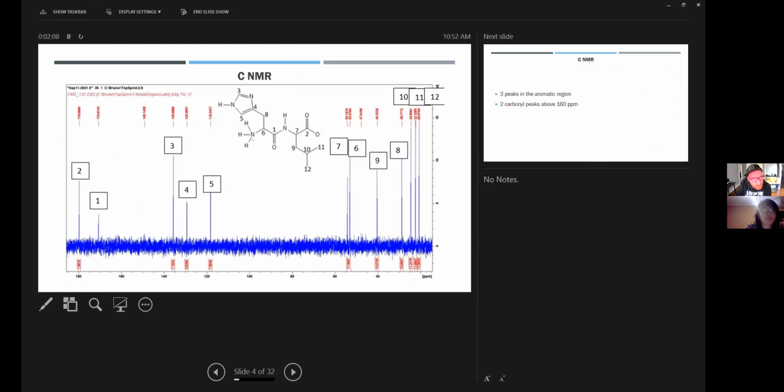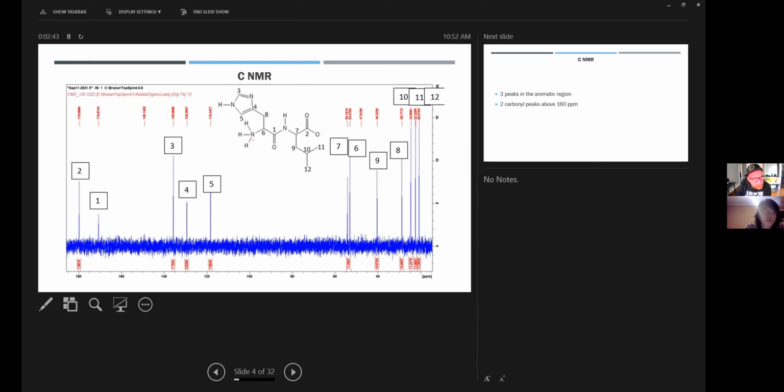The next one was the carbon NMR, and the carbon NMR really told us the same thing. Specifically, 3, 4, and 5 are the carbons that we have marked. 3, 4, and 5 gave us a very good indication that we had something aromatic in nature.